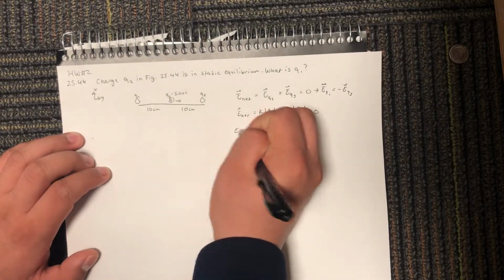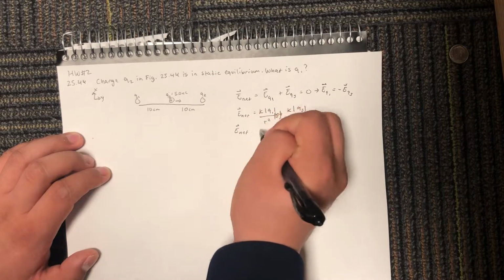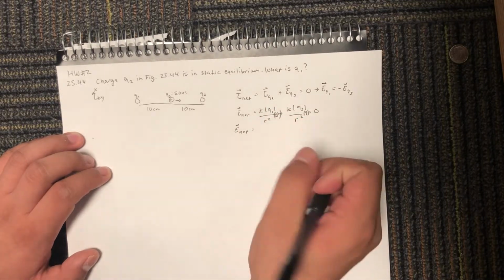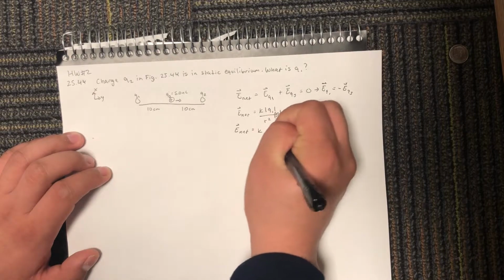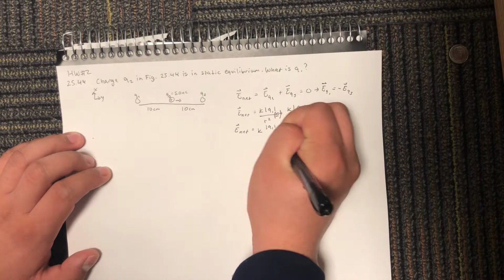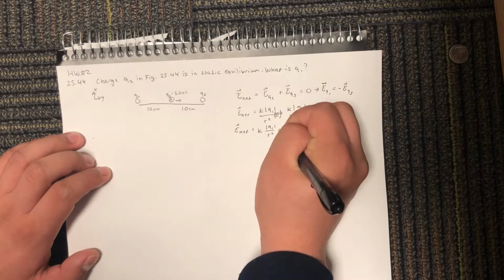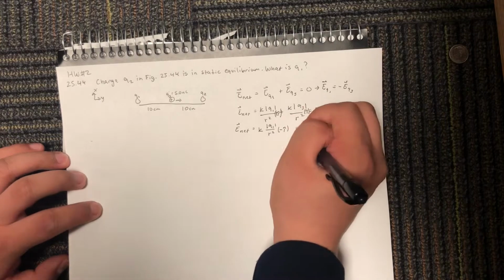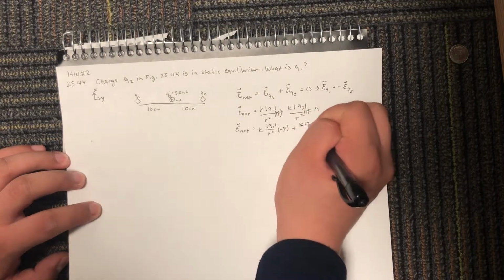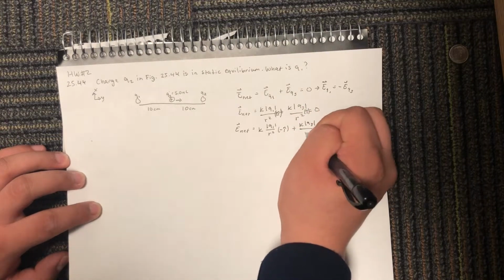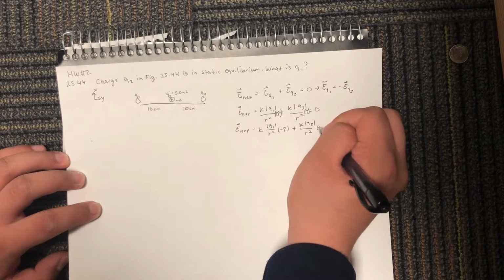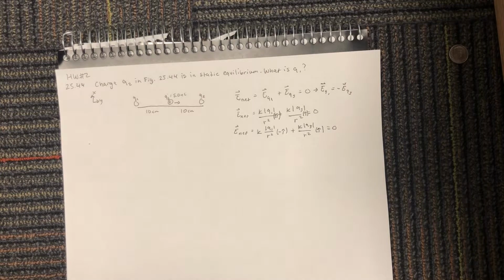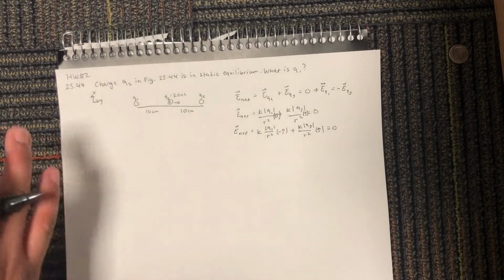So since we know that E Q3 has a positive direction, we have to conclude that Q1 will have a negative I hat direction, plus K times Q3 over R squared in the positive I hat direction is equal to 0.